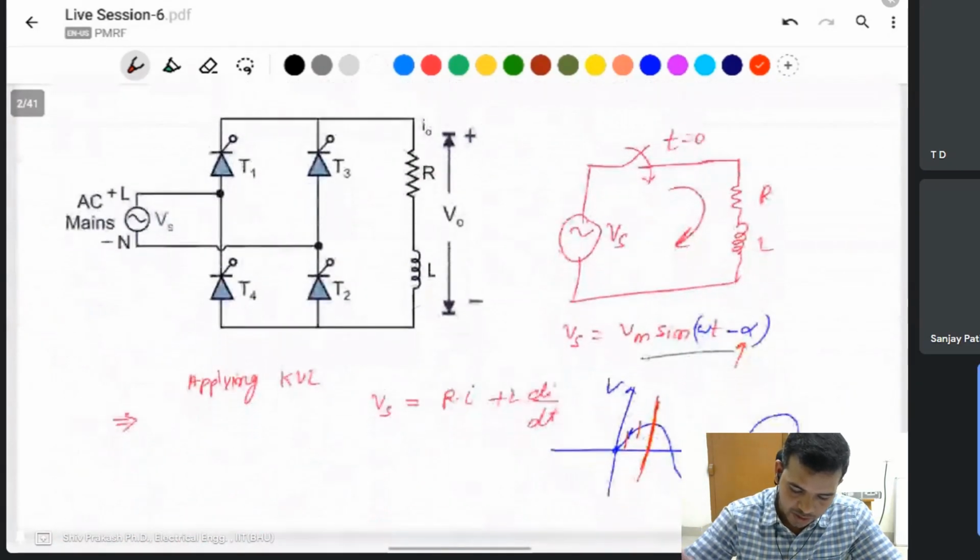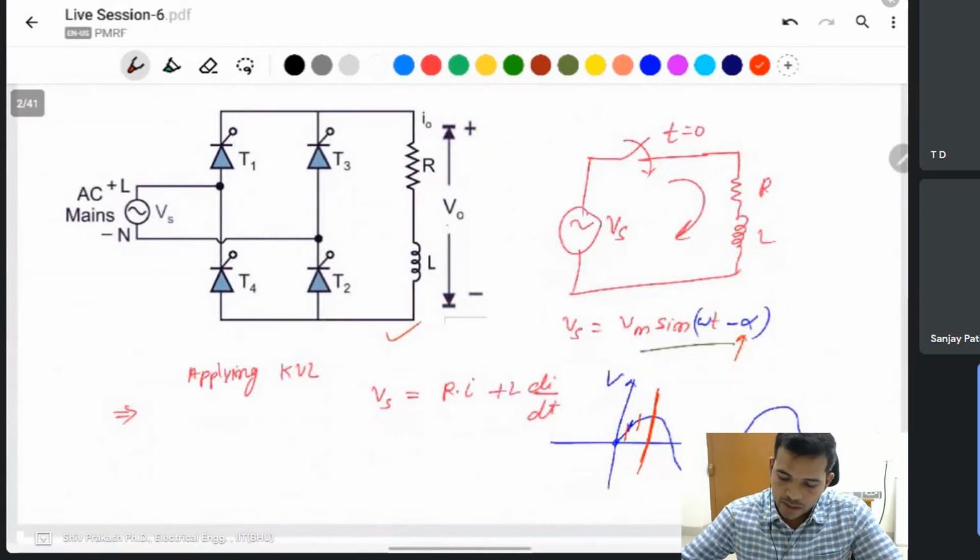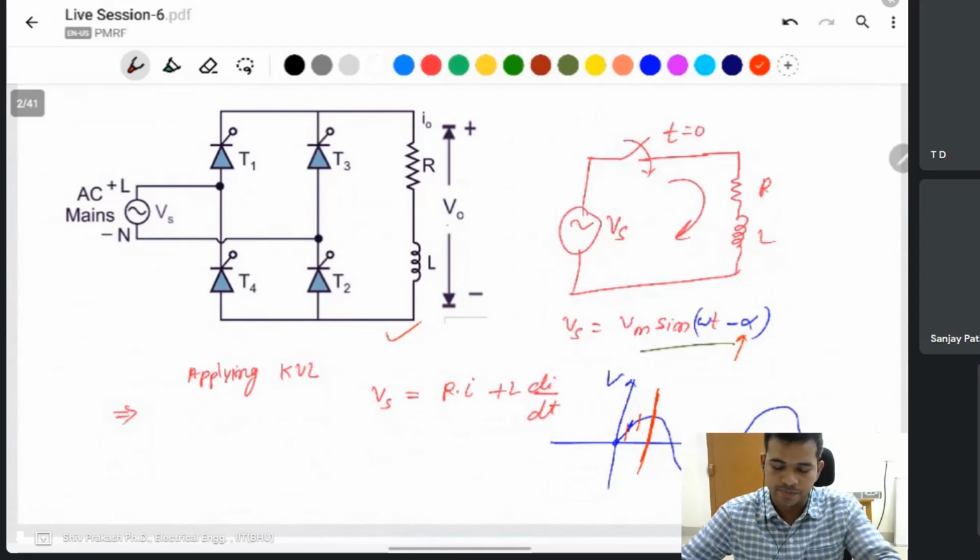Coming to our circuit, the same thing also applies here in the full rectifier.